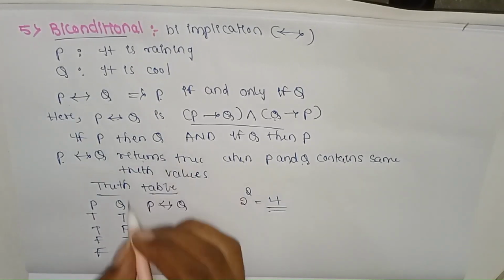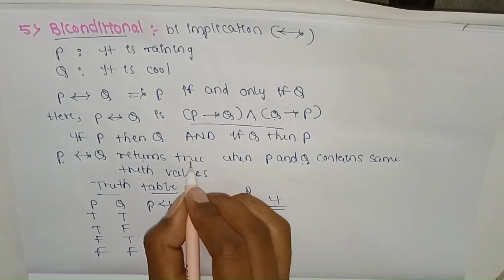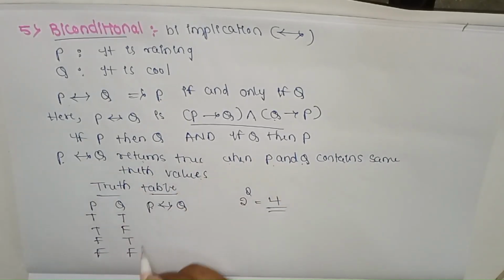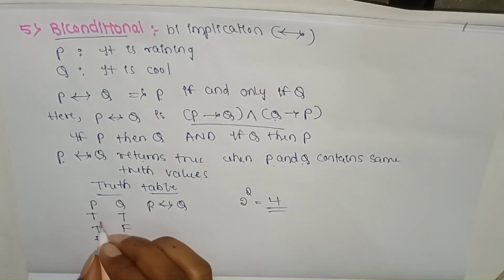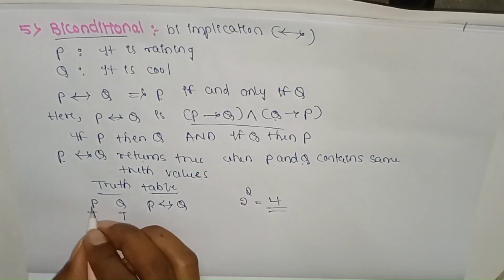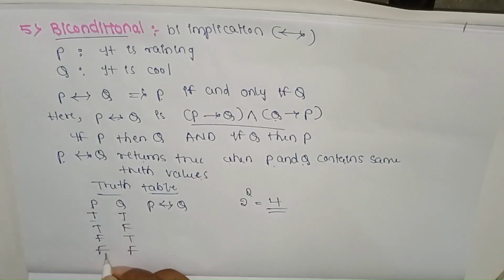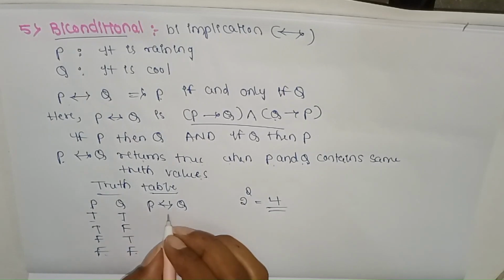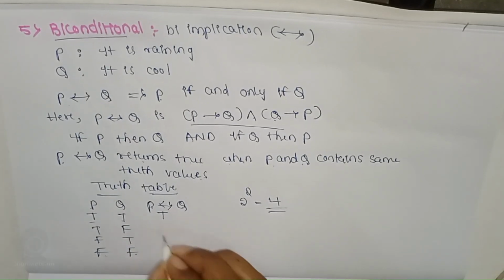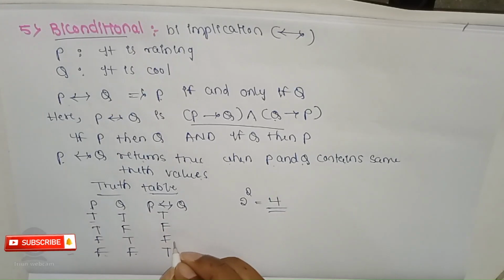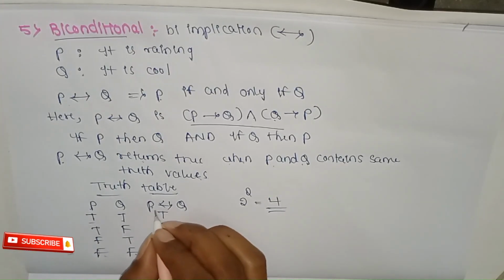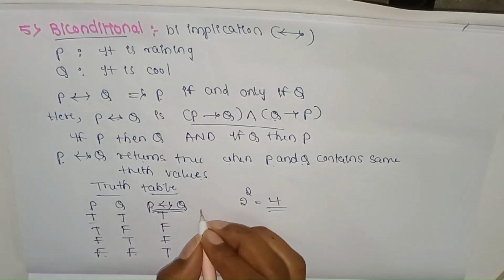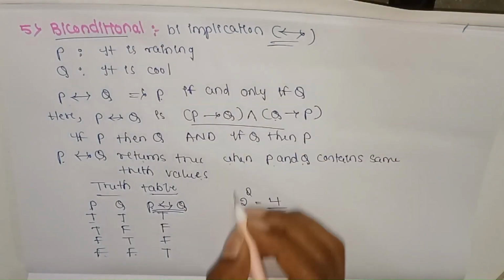Our condition is P biconditional Q returns true when P and Q contain the same truth values. Let us search for the truth values which are the same. Here these two rows contain true true and false false, so these return true. It returns false otherwise. Here P biconditional Q is the new proposition which is obtained by applying the biconditional operation.